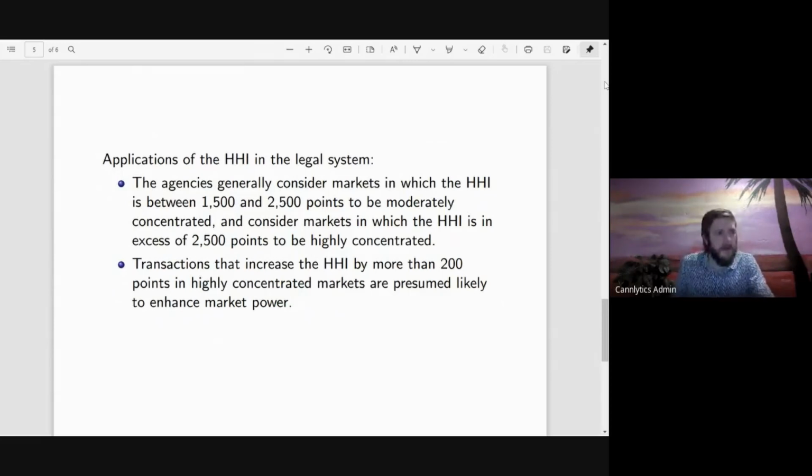So if a market truly were dominated by two firms each with 50% market share, that would be considered a highly concentrated market. It's not typical to see market shares greater than 30%, but the cannabis industry is new, so there are turbulent markets and a lot of variance in market shares.